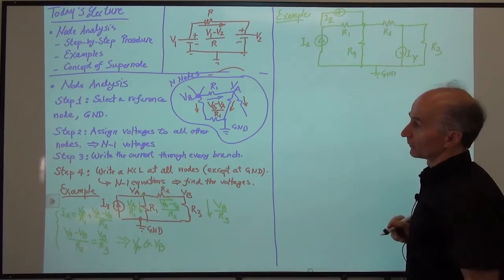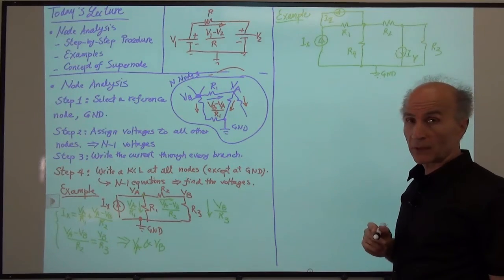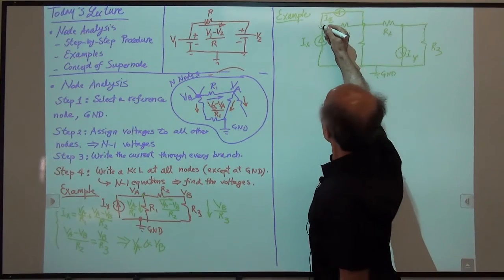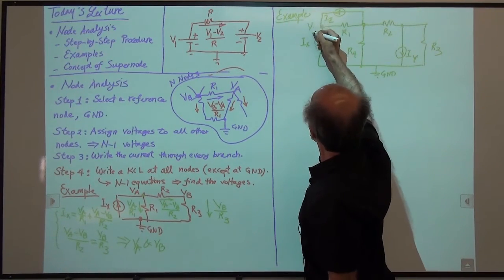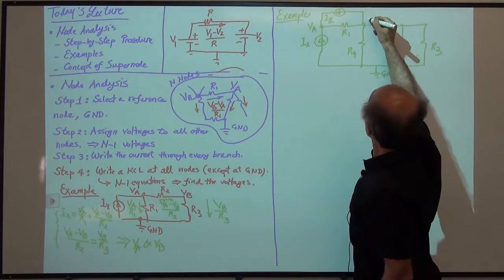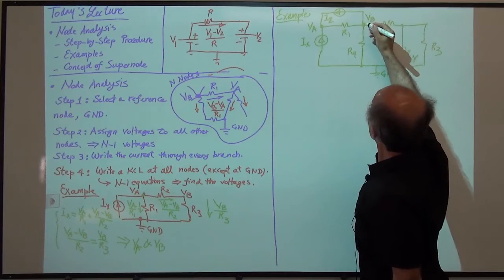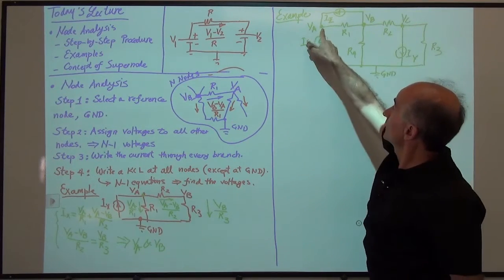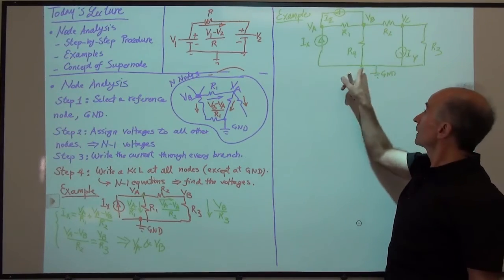Okay, step number 2, assign voltages to all other nodes. So we just go around and give them names, right? So here, for example, I can call this VA or V1 or something, whatever you like. Call this VB, this node, and call this one VC. Again, this voltage is measured from here to here.